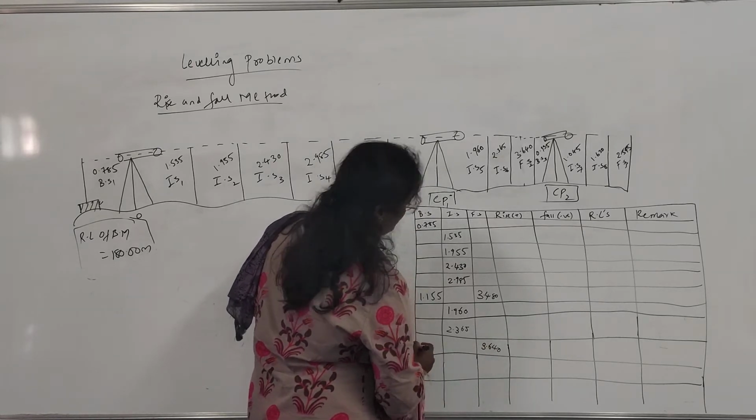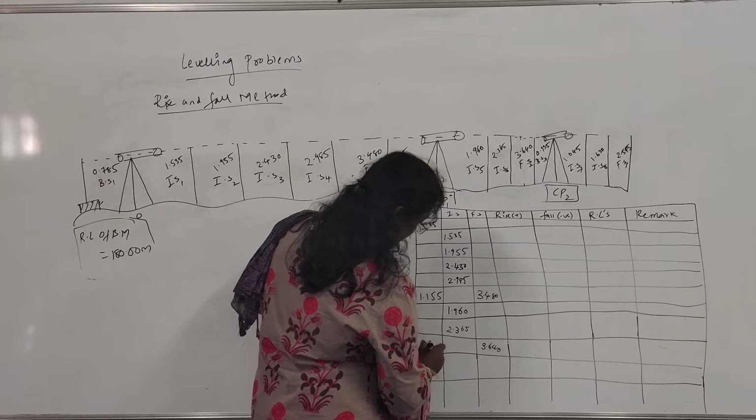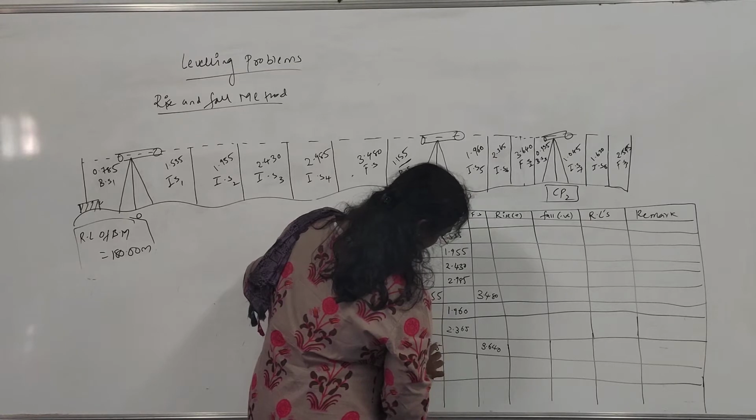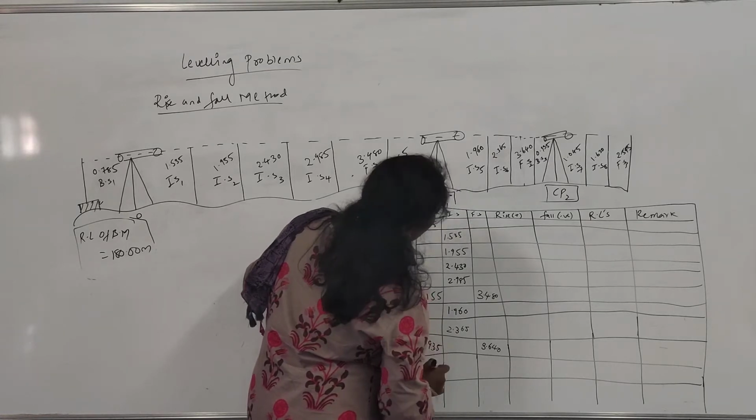right? Backsight value should be placed in 0.935, right?